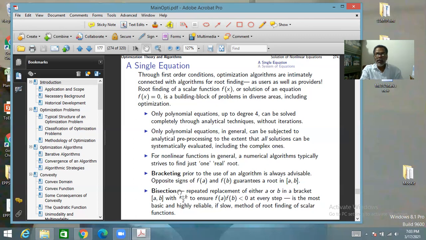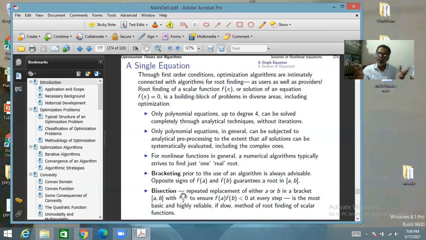Then the bisection method is the simplest method to solve a single equation. Whatever bracket interval you have got, you take the midpoint, (a+b)/2, and see the sign of the function at that point. Depending upon its sign, you replace either a or b with this. Thereby, at every step, you bisect the interval.